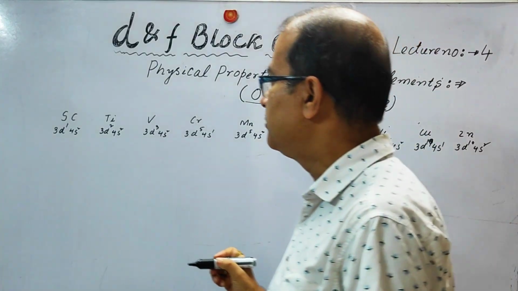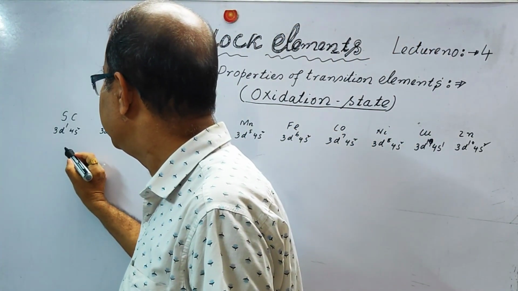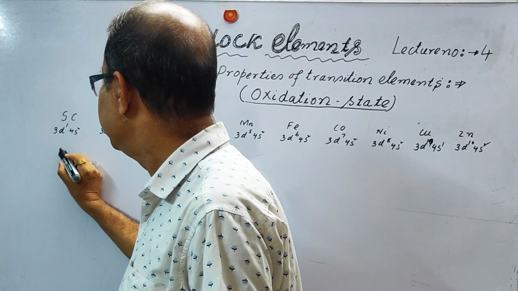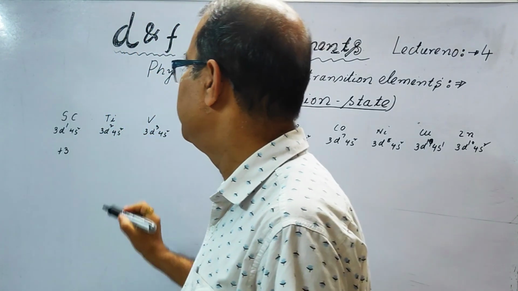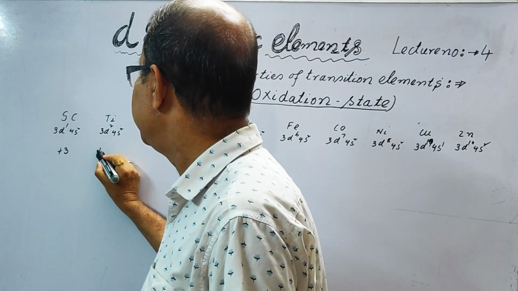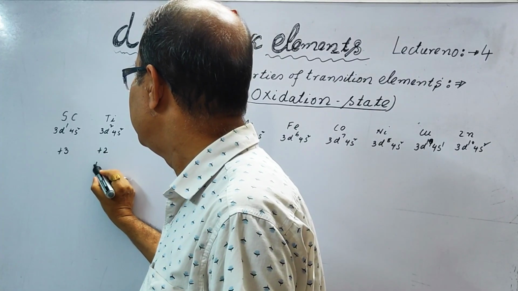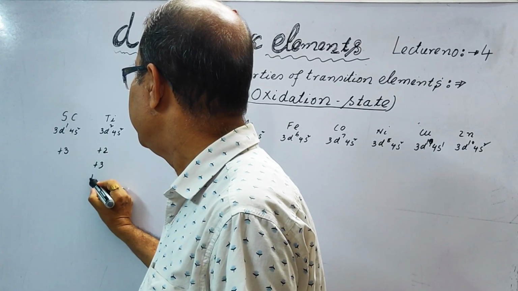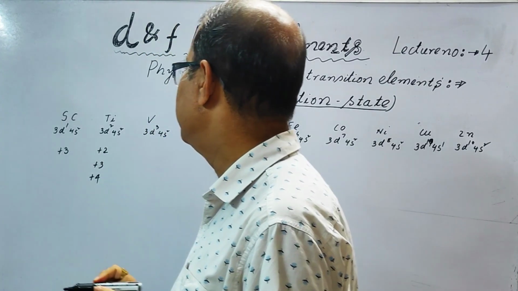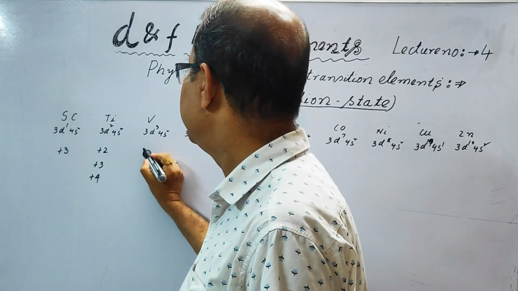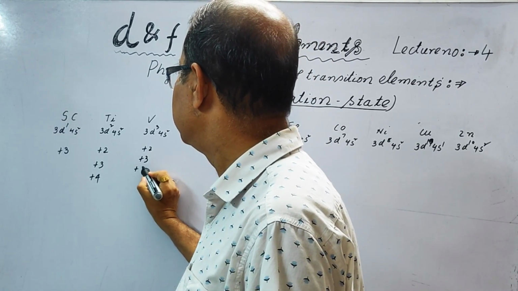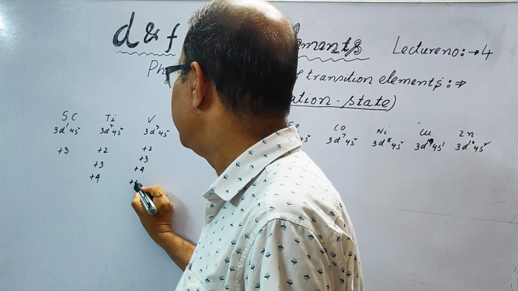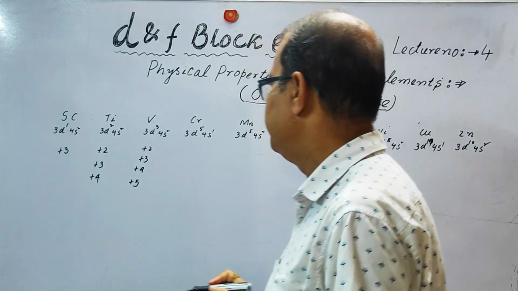The oxidation state shown by scandium is +3, the only oxidation state it shows. In the case of titanium, it is +2, +3 and +4. In the case of vanadium, it is +2, +3, +4 and +5.